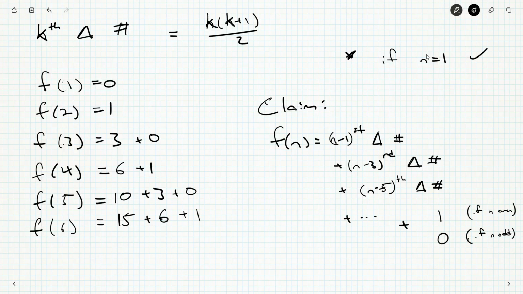Or I guess you could say 3 because the 0 doesn't really matter, but I am trying to include f of 1 here.